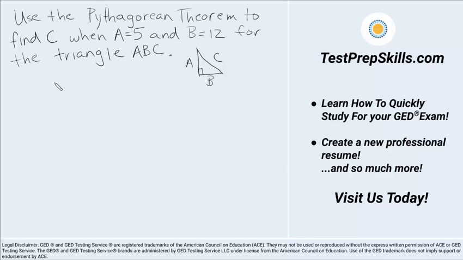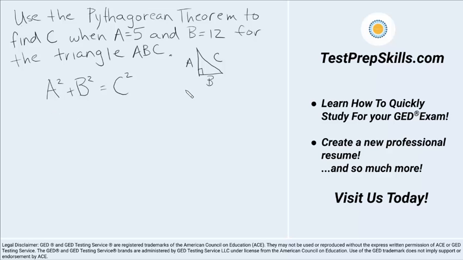Okay, so the first thing we're going to need to do is we need the Pythagorean theorem. So the Pythagorean theorem states that a squared plus b squared equals c squared. Okay, now these line up with what we have going on here in our triangle.